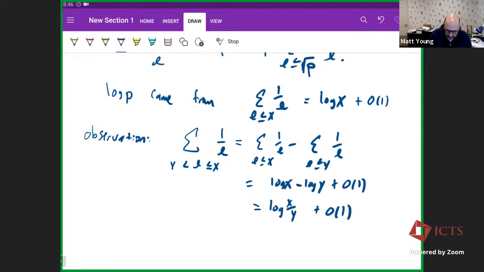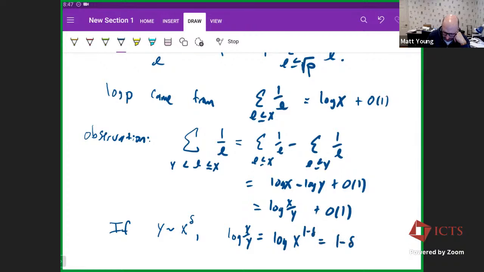So if y is like x to the delta, then log of x over y is log of x to the 1 minus delta, which is 1 minus delta times log of x.